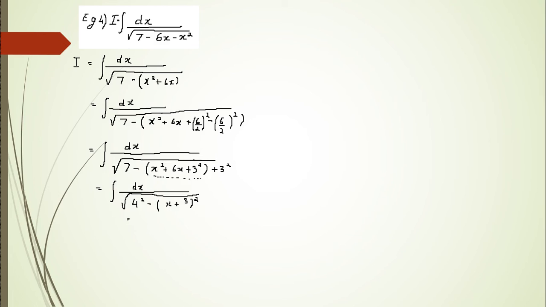Now I will take let x plus 3 is equal to t, therefore dx is equal to dt, therefore I is equal to integral dt divided by whole root of 4 square minus t square.